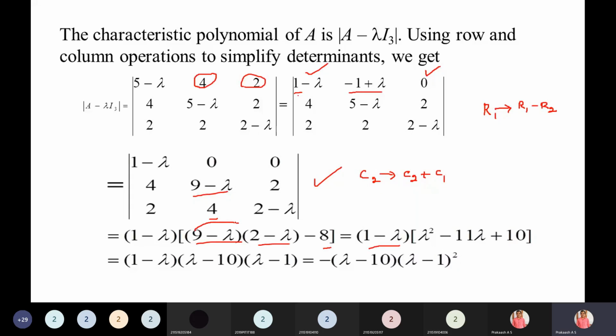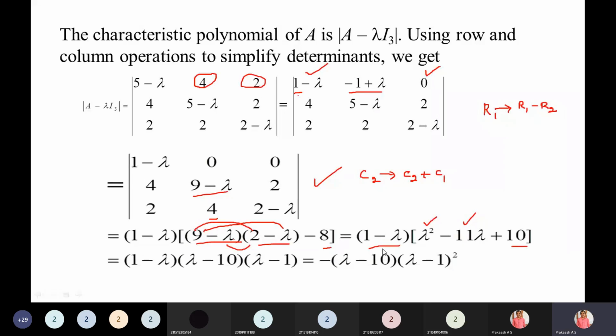If we expand this, 9 into 2, that is 18. 18 minus 8, that is 10. So next, 9 minus 9 lambda minus 2 lambda, it is minus 11 lambda, and minus lambda into minus lambda, it is plus lambda square.